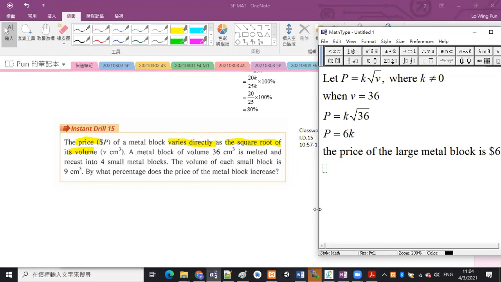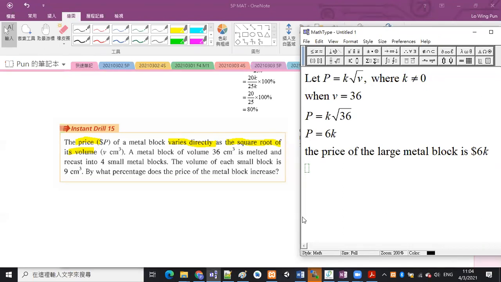跟唔跟到呢度大家？好啦，跟住當嗰嚿嘢切細咗之後咧，咁每一嚿咧就得翻9個 cm cube 啦。咁我哋睇睇咧，一嚿啊細嘅金屬係值幾多錢先？然之後咧就乘翻4，睇下個 total 係幾多錢。OK， 咁我哋就咁樣咯。When this time V is equal to 9, then P is equal to K times square root of 9.